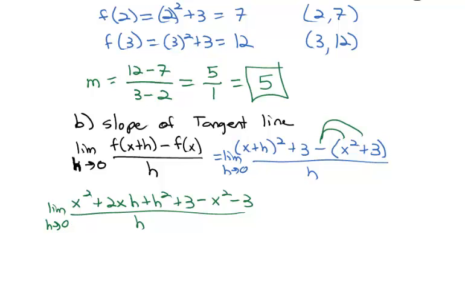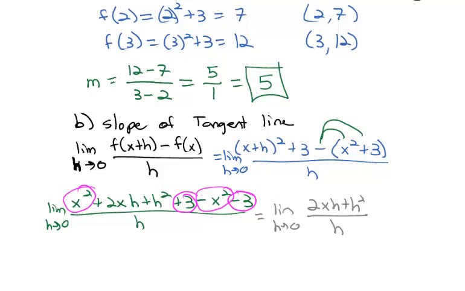Again, we can do a little bit of simplifying. The x squareds are going to subtract out. The 3's are going to subtract out. And so we're left with the limit as h goes to 0 of 2xh plus h squared all over h.